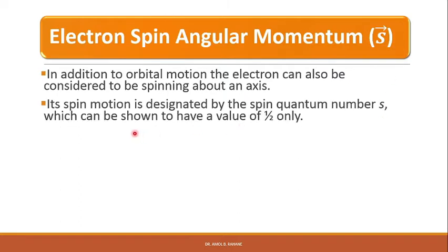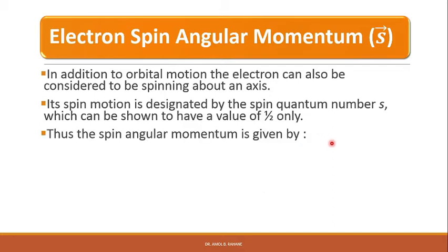Its spin motion is designated by the spin quantum number S, which can be shown to have a value of plus half only, that we have already studied in the revision of quantum numbers in the earlier lectures. Thus, the spin angular momentum is given by S vector equal to square root of S into S plus 1, times h upon 2 pi.